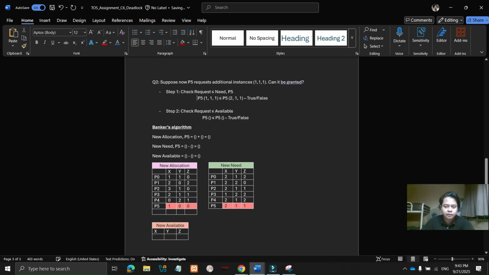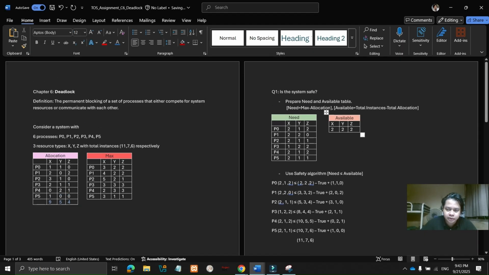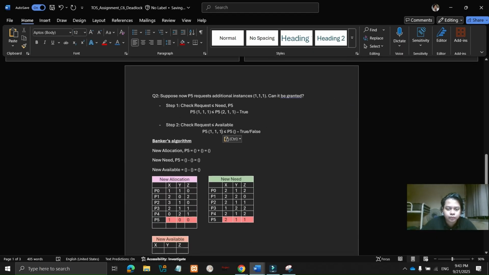So this value is true, as well as the second step, the available. So the whole available is 2 2 2. So this is also true.